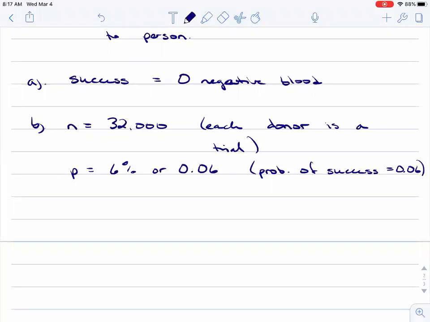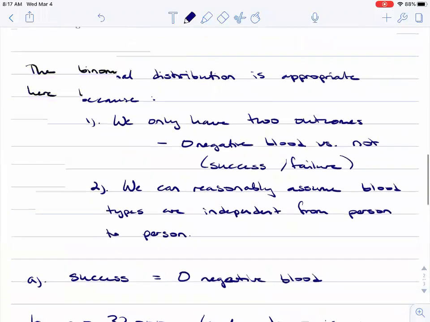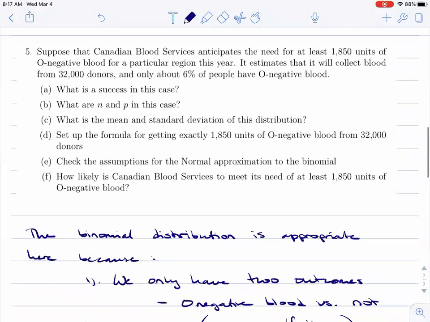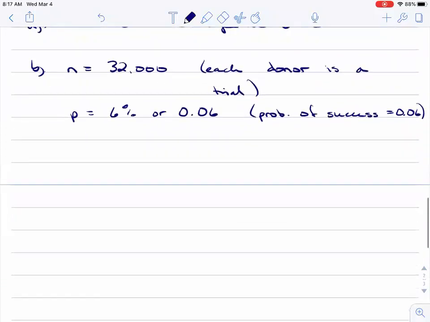Okay, part C. What is the mean and the standard deviation of this distribution? What's nice is we only need to know N and P, and then we'll be able to calculate these, right? And so we just established what N and P are, and so the mean mu is going to be N times P, which is going to be 32,000 times 0.06.